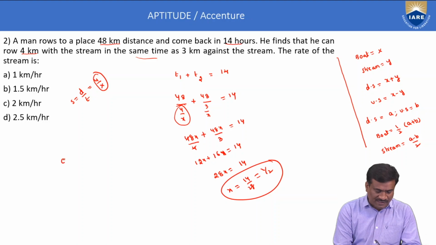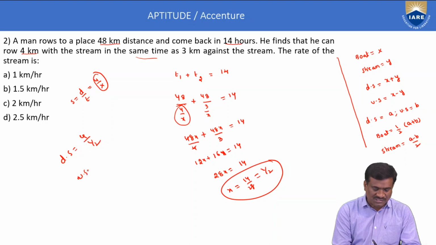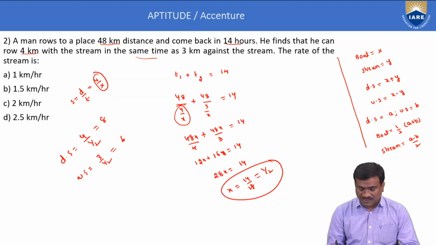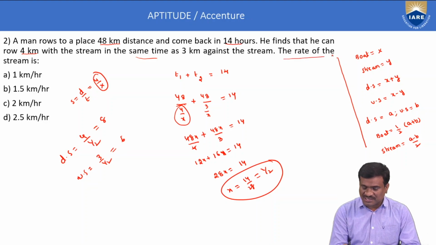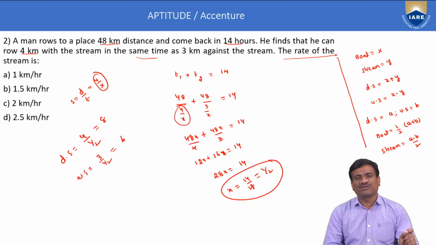Next, the downstream speed is equal to 4 by x, which with x equal to 1 by 2 gives 8. And the upstream speed is equal to 3 by 1 by 2, which is 6. But here we calculate only the speed of the stream, or rate of current.